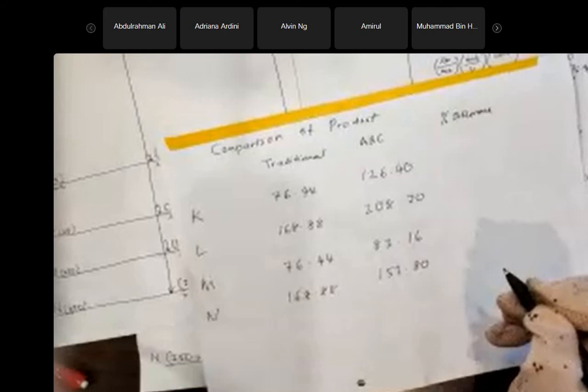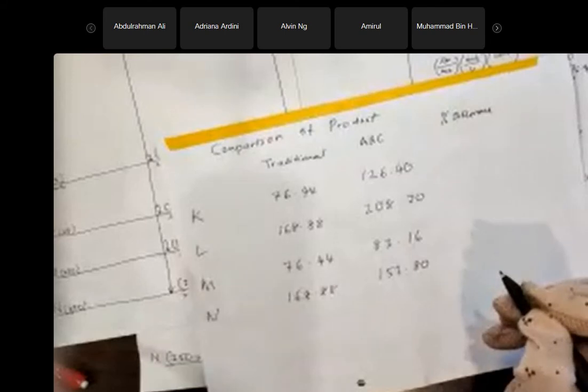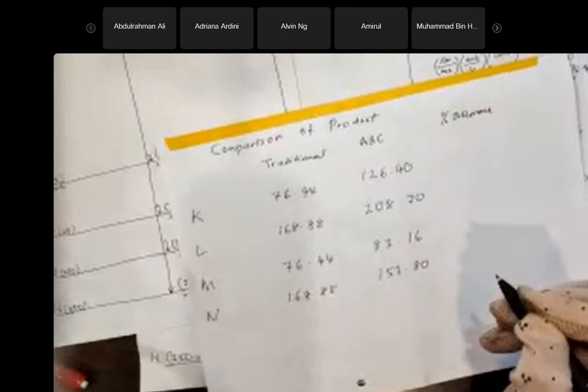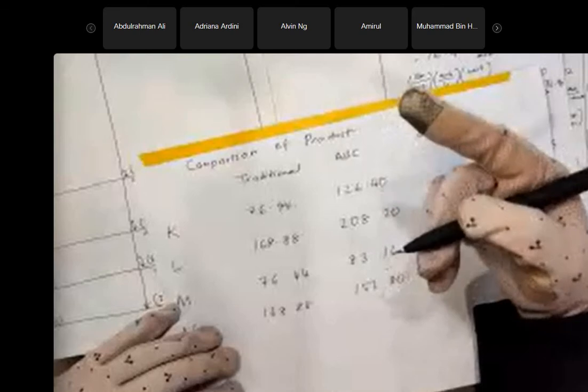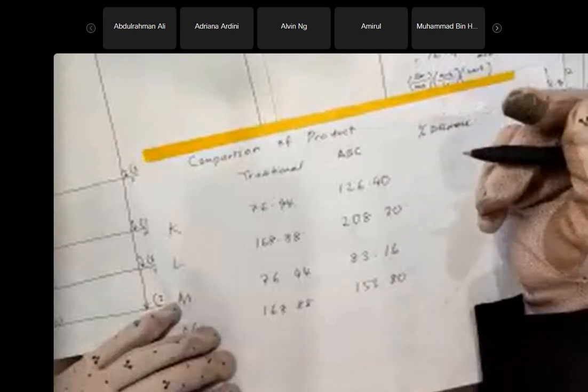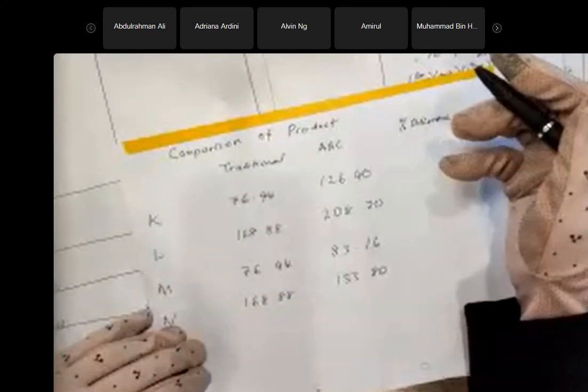Actually, which one is the better method, traditional or ABC? Before this, we looked at the theory. From the theory, they have mentioned which method is the best one. Now, which method is the best? ABC.